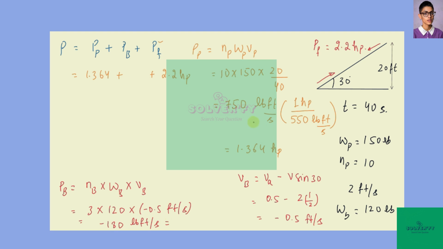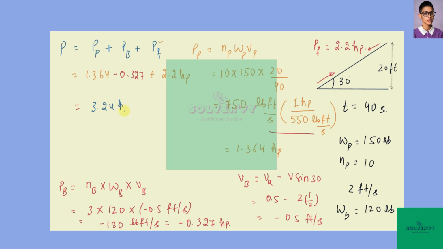Using this conversion, we get this value to be negative 0.327 horsepower. Now I can put the values here. This value comes out to be negative 0.327 horsepower. Now we can add all these three values and we'll get our answer to be nearly 3.24 horsepower.